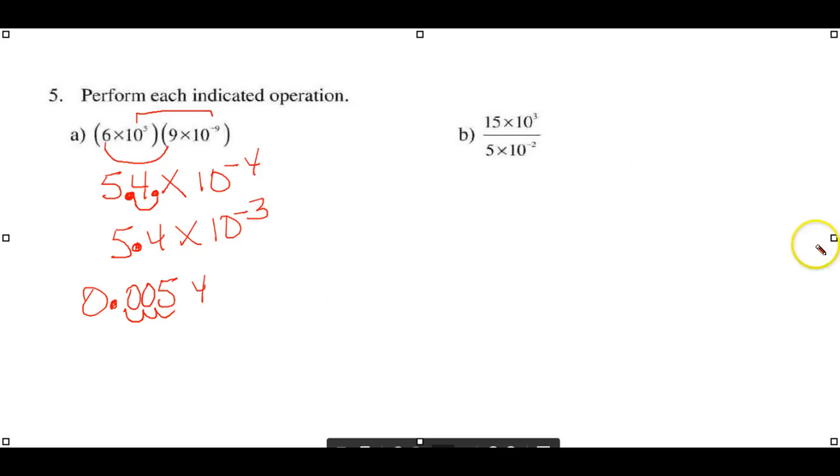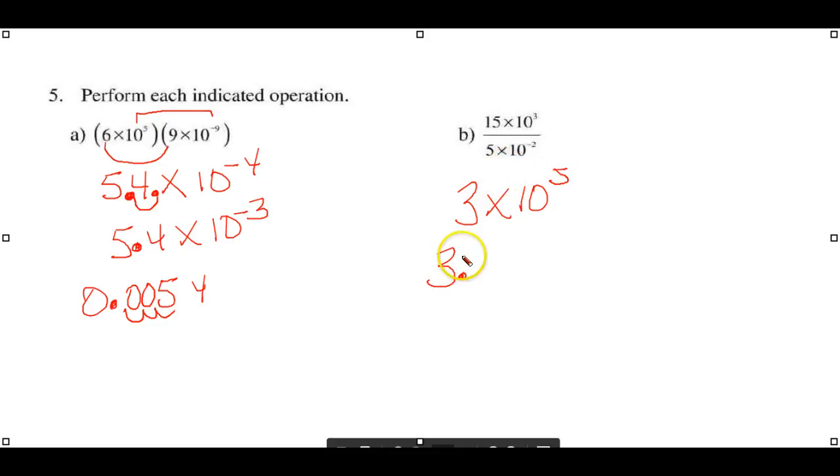Okay, now in doing this next one, here we're dividing. So 5 goes into 15 3 times. And we have 10 to the negative 2. When we bring up the negative 2, it becomes 10 to the 5th. So how many zeros do we have to add? How many places?